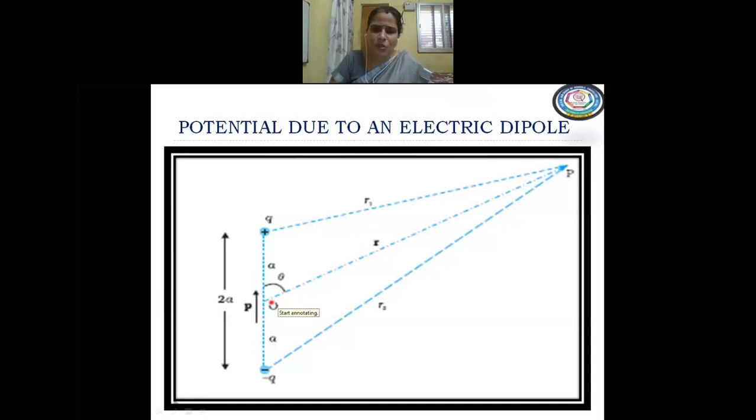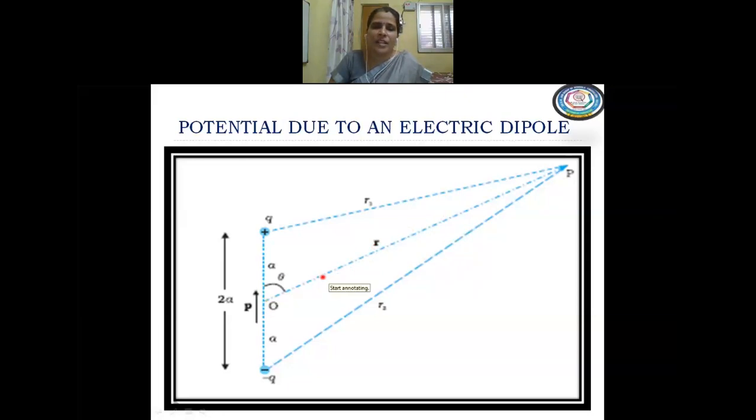In order to find the potential, we should know the distance, because the distance is a very important point here. Based on the distance only, the potential will vary. So let us assume the point P is at a distance of r from the center of the dipole.